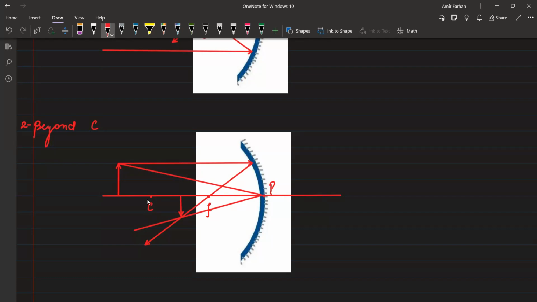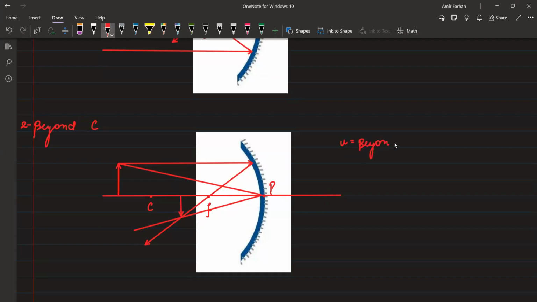So next, it's time to see where the object is placed. Can anybody tell me? Beyond C. And where the image is formed?